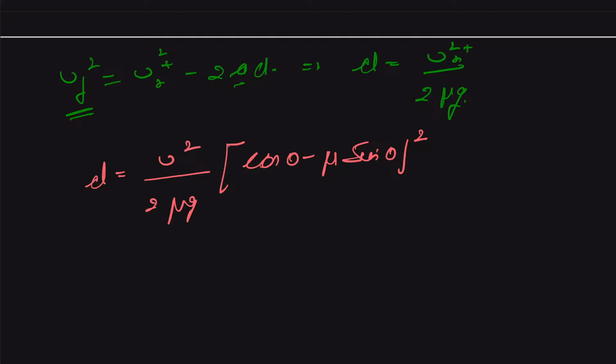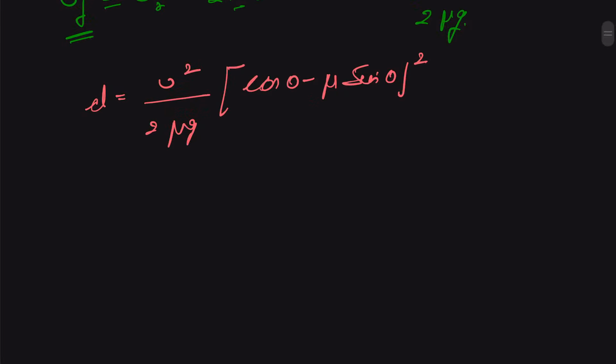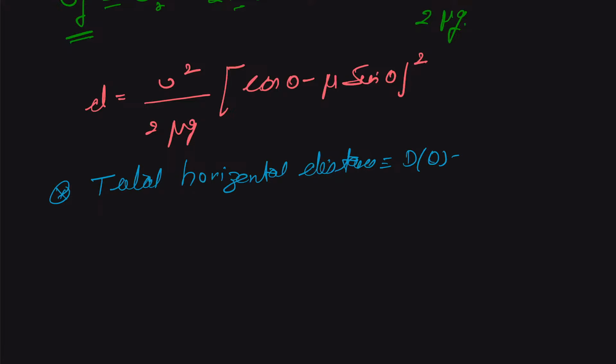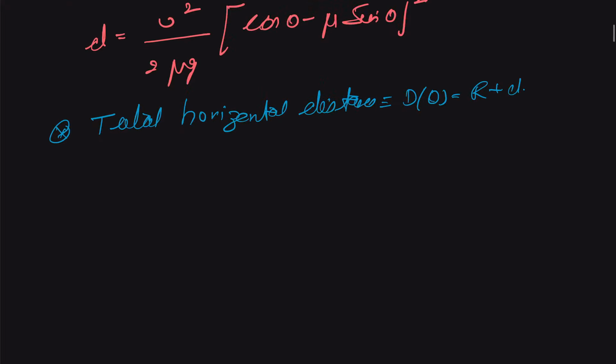Now we need to find out the total horizontal distance. Let us call this capital D of theta. That will be equal to R plus d.